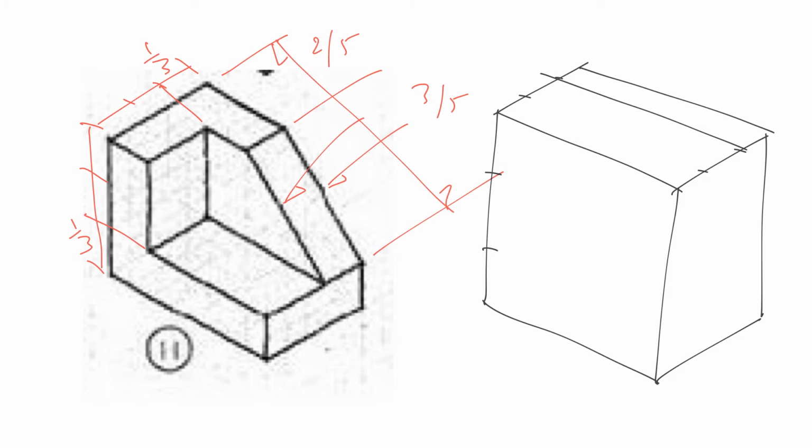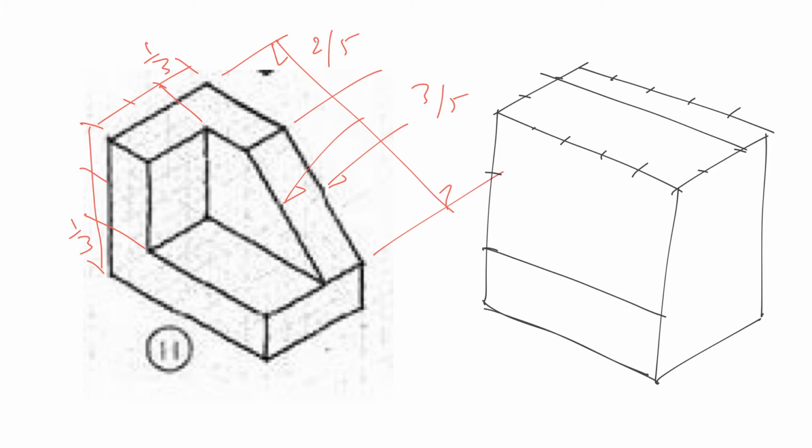So yeah. Now it's fine if your shape looks a little bit different. As long as, I think the key idea here is really for you to get used to the idea of using proportion. So divide this into 5, so you have your 1, 2, 3, 4, 5. 1, 2, 3, 4, 5.